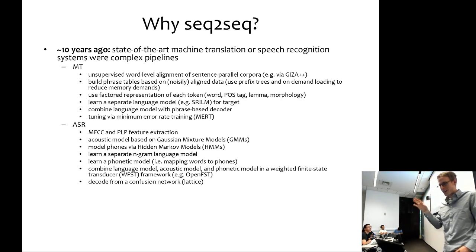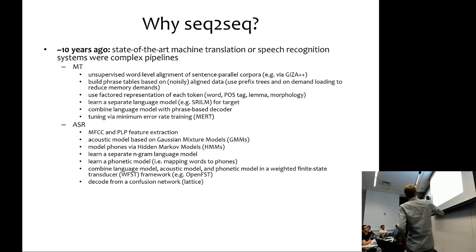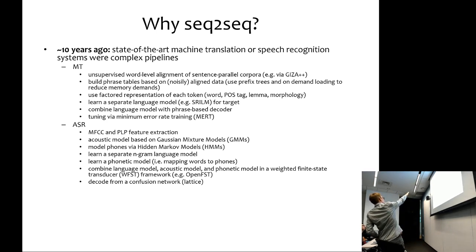So state-of-the-art systems for machine translation and ASR had all these different components. For machine translation, there would typically be a first step that was unsupervised word alignment of sentence parallel corpora. Giza++ was one of these methods. Once you had words aligned between parallel sentences, the English sentence and say the French translation, then you could build up these phrase tables that were little phrases that translated to each other.